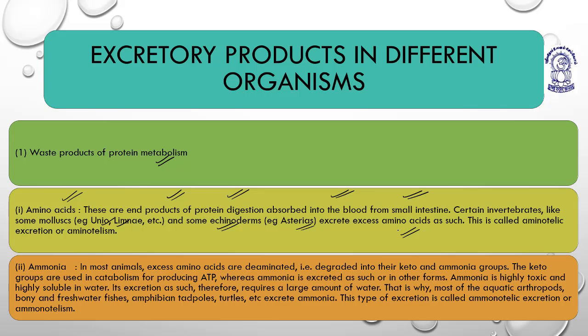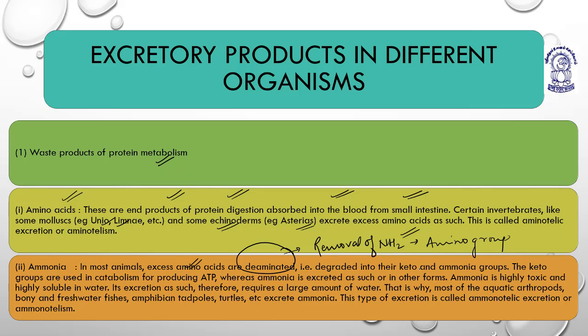They are called aminotelic organisms. Ammonia: in most animals, excess amino acids are deaminated. Deamination is basically the removal of the NH2 group, the amino group.